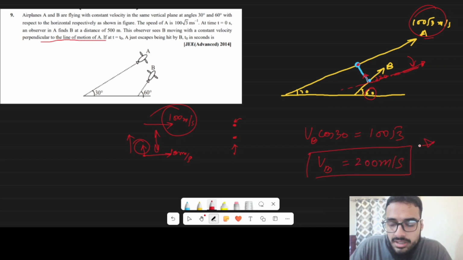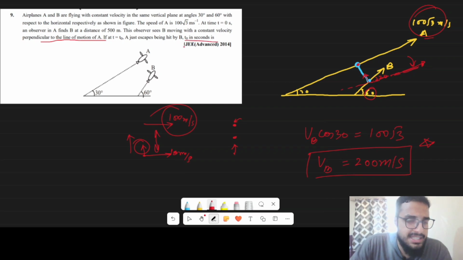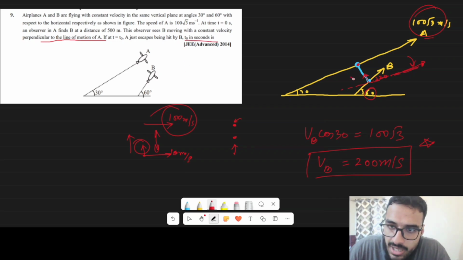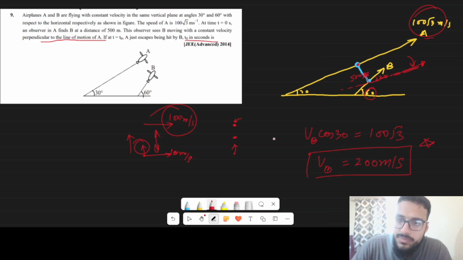Now since we got the velocity of B with respect to the ground, what is asked? A just escapes being hit by B, at T naught seconds. Find T naught. What was the distance between them? Initially 500 meters. And what velocity of B is used in traveling the perpendicular distance?